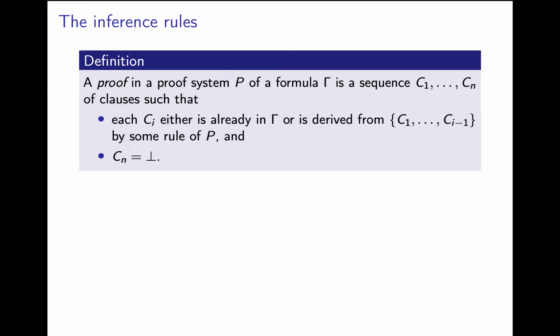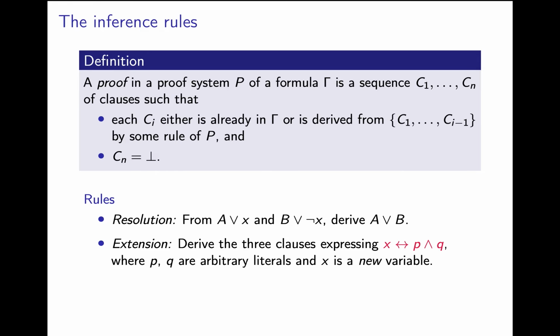The rules that we will have are the resolution rule, which you've already seen, and the extension rule I mentioned earlier, which allows us to make definitions by introducing the three clauses that express this formula. Here we call X an extension variable, and it should be a new variable. That is, it should not occur in the original formula, or any of the previous clauses in the proof, or the right-hand side of the definition. So in particular, X is different from the variables of P and Q, which are arbitrary literals.